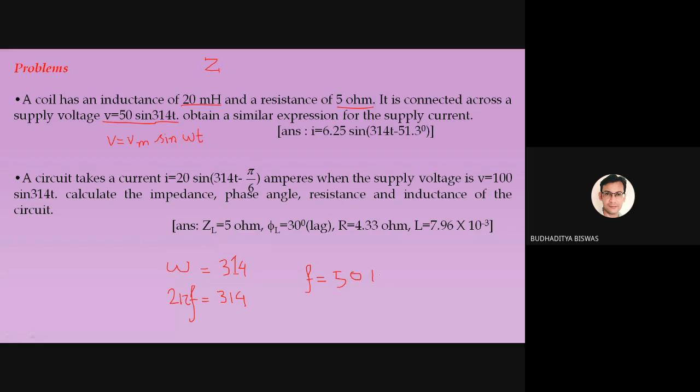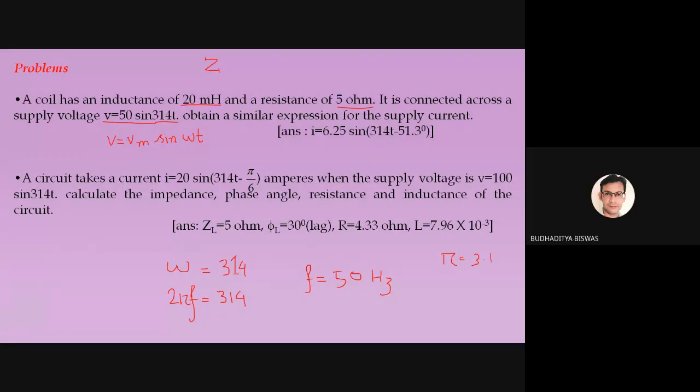Remember one thing that will save a lot of time in the exam: whenever you see that omega equals 314, you can understand that f equals 50 hertz. Why? Because what is the value of pi? It's 3.14.